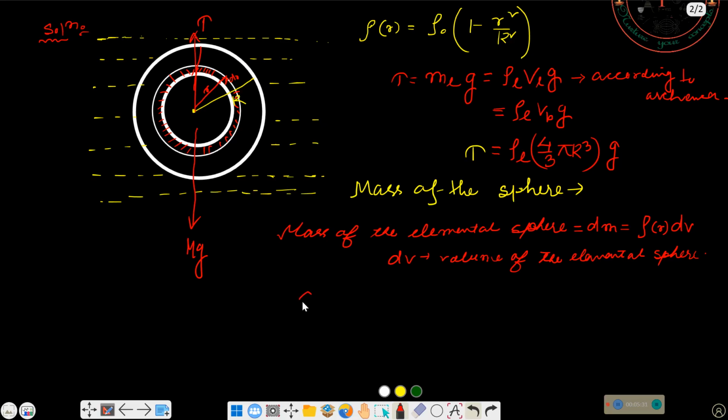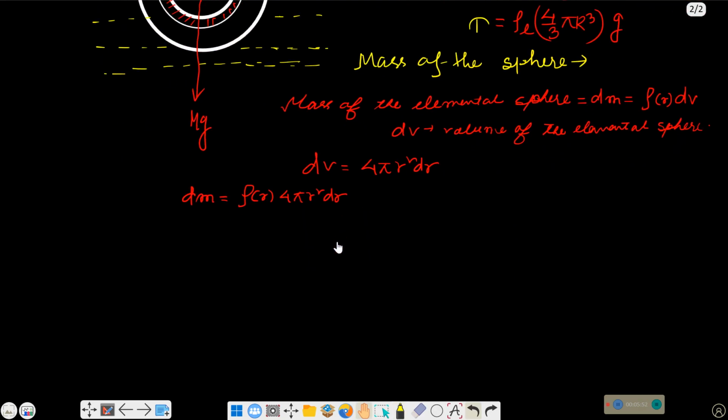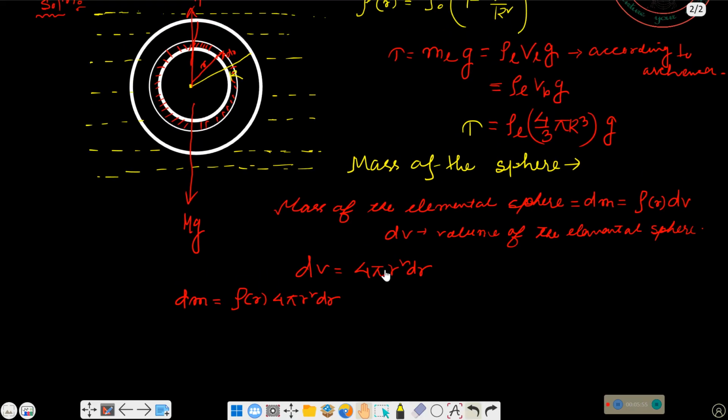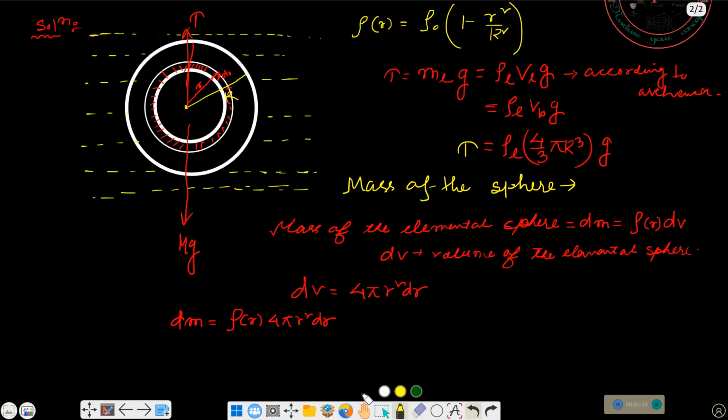The volume of the elemental sphere is dV equal to 4 pi r square dr. So the mass of the elemental sphere can be written as rho of r into 4 pi r square dr. Putting the value of density here, rho naught times 1 minus r square by capital R square into 4 pi r square dr.